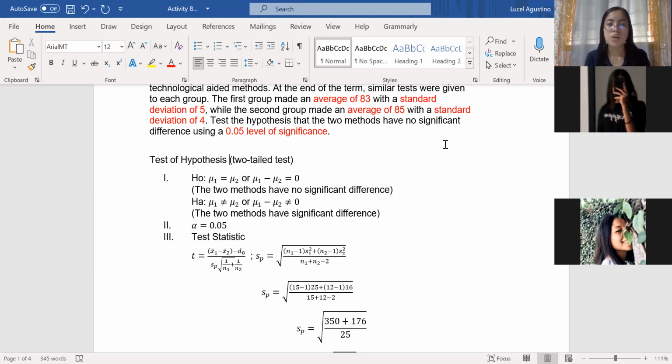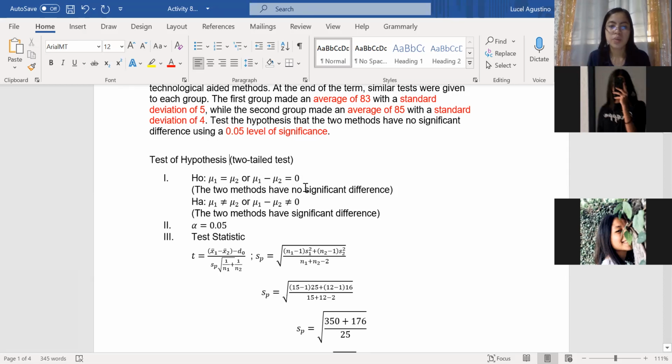For our null hypothesis, H0: mu1 is equal to mu2. You can also present the null hypothesis mathematically as mu1 minus mu2 is equal to 0, because they are just equal.